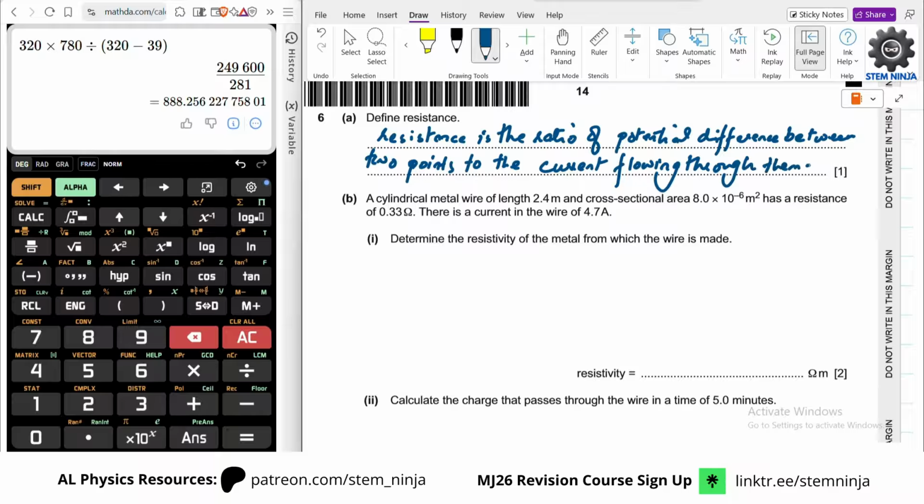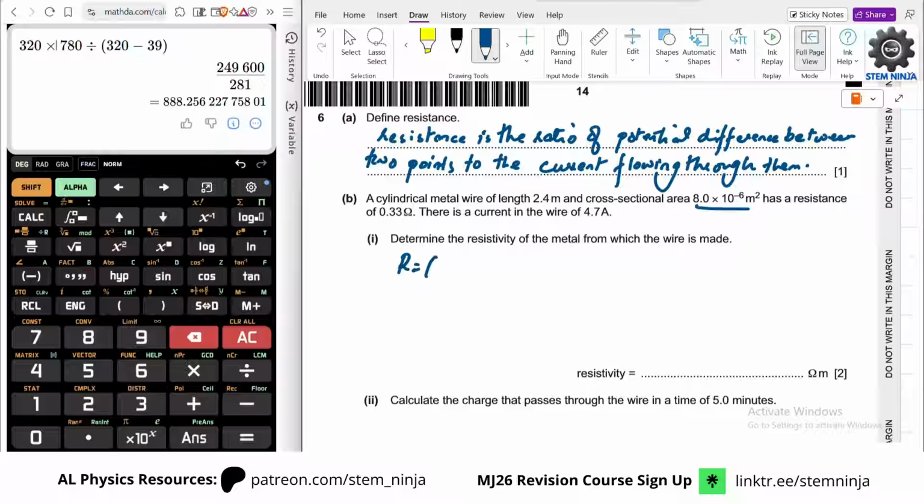Right, okay. A cylindrical metal wire of length 2.4 meters and a given cross-sectional area has a given resistance. There is a current in the wire of 4.7 amps. Determine the resistivity of the metal from which the wire is made.